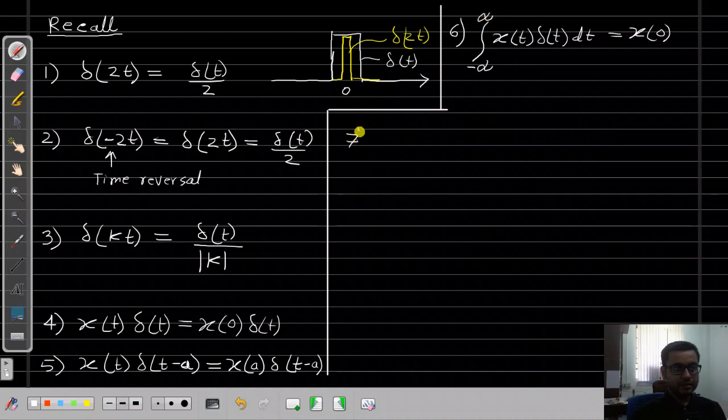Then similarly, look at this expression: x(t) delta(t minus a) integrated from minus infinity to plus infinity gives x(a).